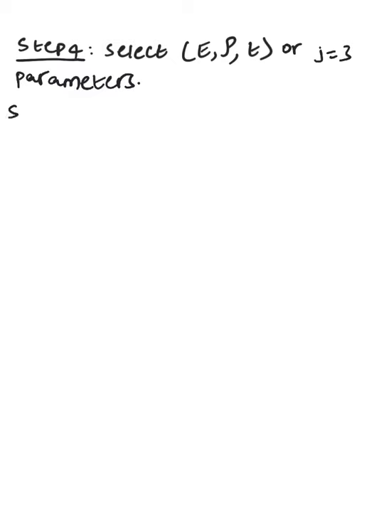Step 5: add one additional variable to your j repeating variables and form a power product.